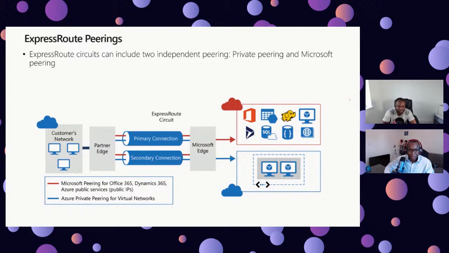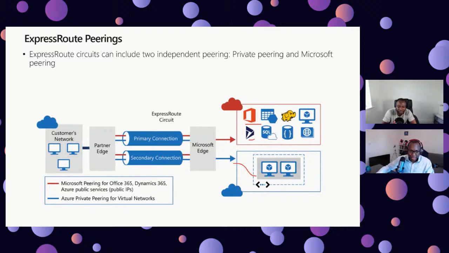So ExpressRoute, just be aware that it includes two independent peering, so private peering and Microsoft peering. What does that mean, David? Here's what that means: ExpressRoute is not just for connecting to your Azure network. ExpressRoute can actually be used to connect to Microsoft cloud services like Office 365, Dynamics 365, and the Microsoft platform services.